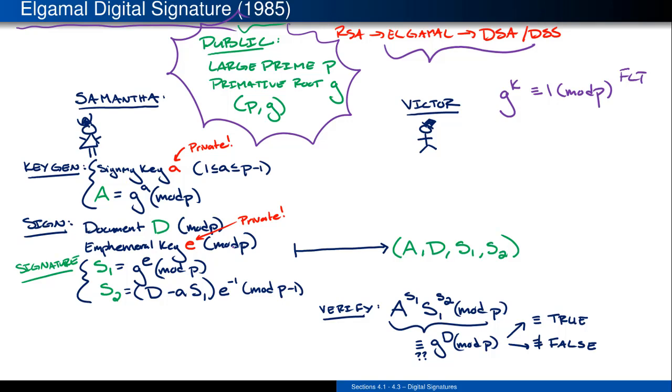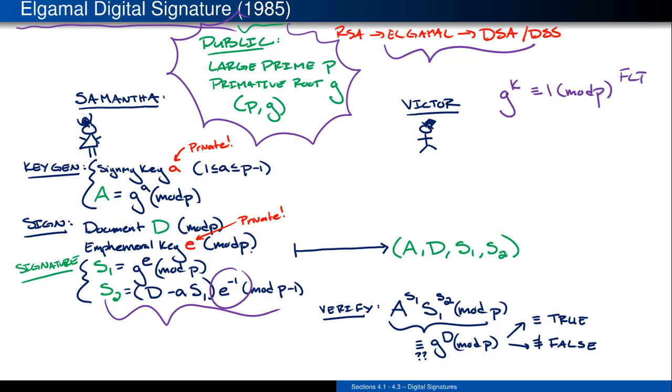The other part is a little bit more involved. You take this document D, subtract off a times the number S1, and then multiply it by E's inverse, and all of that is viewed modulo P minus 1. The moment you see something that says E inverse, you need to have in the back of your brain making sure that object is actually invertible.